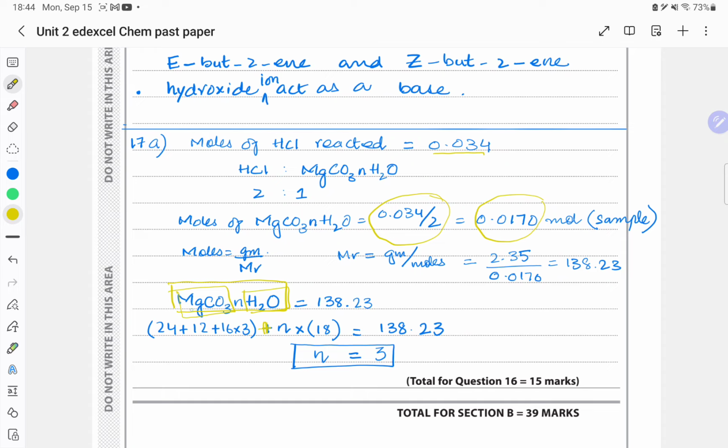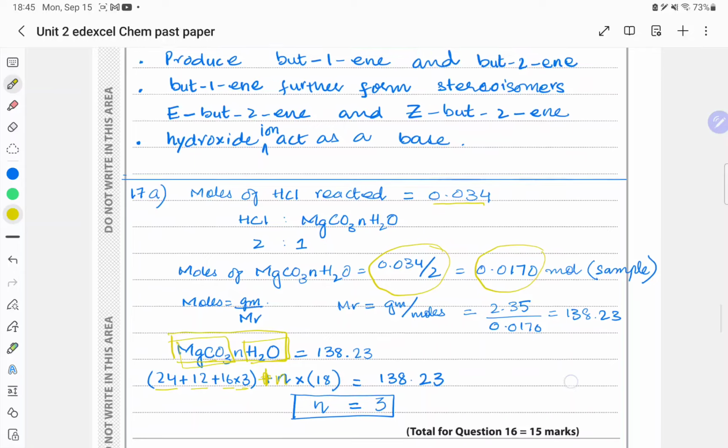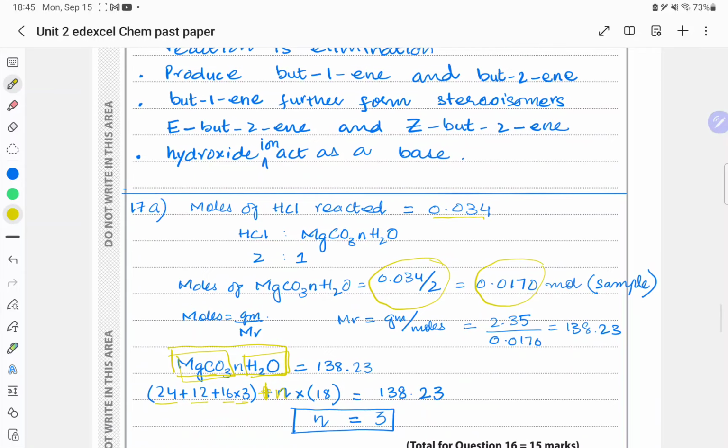You are going to place the relative atomic mass of magnesium from the periodic table, that's 24, and carbon you already know is 12, and for oxygen it is 16, but we have got 3 atoms of oxygen, so you multiply it by 3, and then you have to add this with n times 18, the relative atomic mass of water being 18, and then by swapping these numbers you get the value of n. So n is going to be the correct answer.